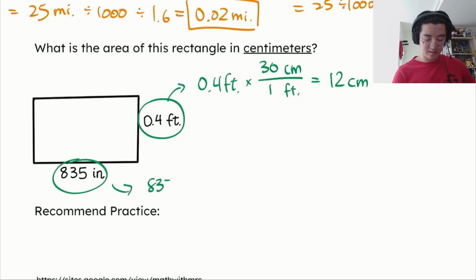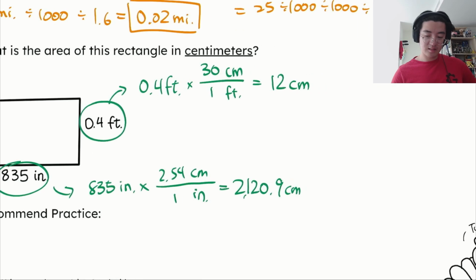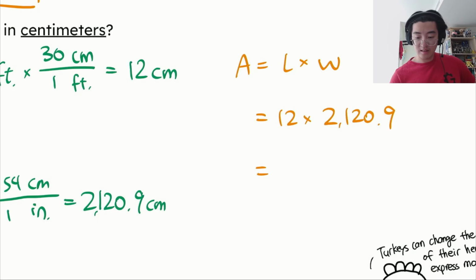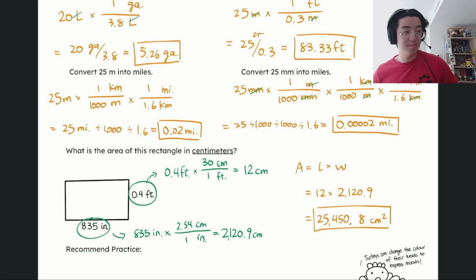Inches into centimeters, we've got 2.54 centimeters in 1 inch. Multiply the numerators. Again, length times width is the area. So 12 times 2k gives us 25,450.8 centimeters squared. Ta-da! There we go.